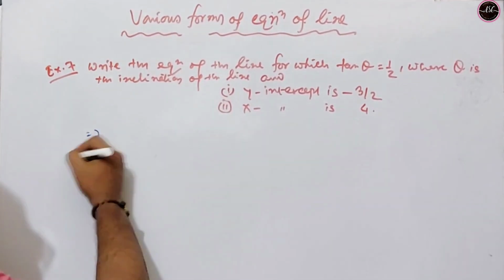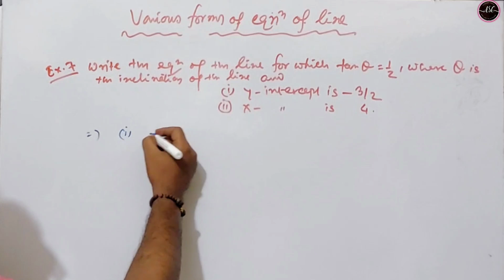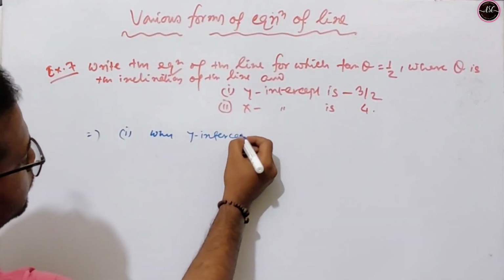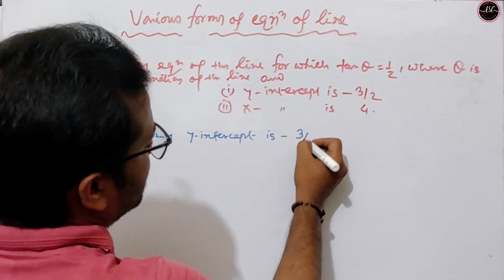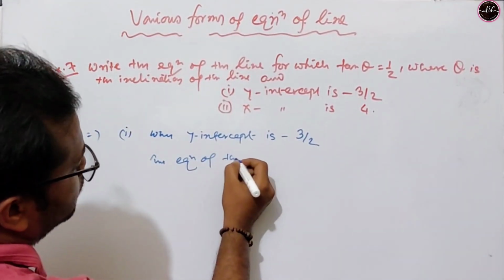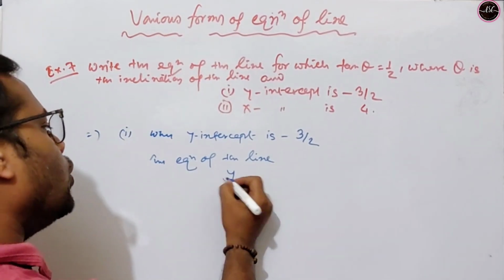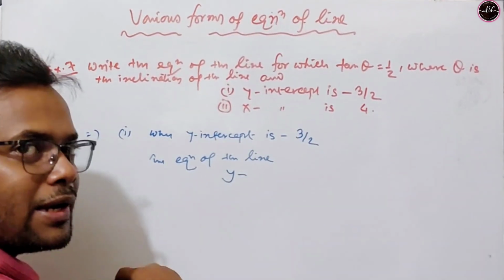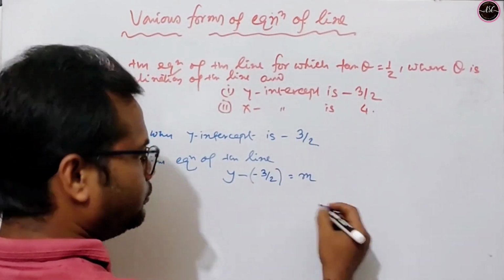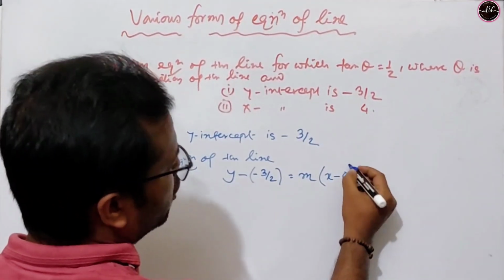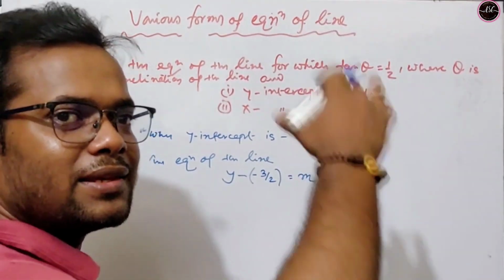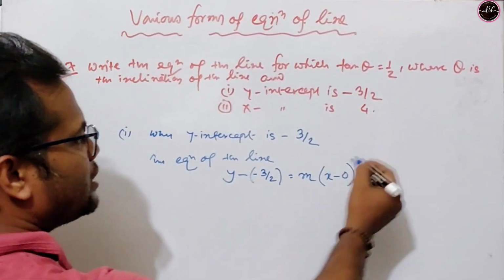So for case 1, when the y intercept is minus 3 by 2, the equation of the line is y minus (minus 3 by 2) equal to m into x minus 0. Y intercept means the distance, so x minus 0, why?